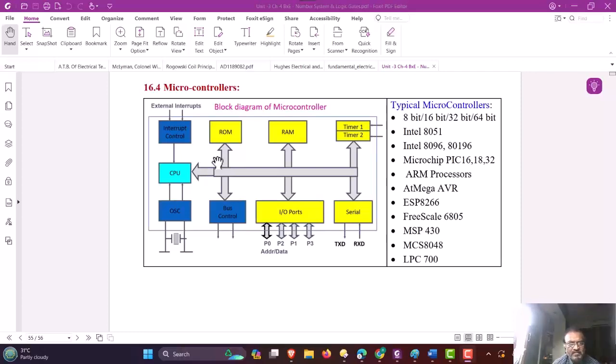They manufacture the central processing unit with peripheral devices like RAM, ROM, IO ports, timers, and bus interfaces if required, serial ports, and the built-in clock generator circuit on the same chip with the central processing unit. And this central processing unit is connected to these peripherals via internal buses. They can send the data to the external world via IO ports, or they can even send and receive the data serially over single lines.